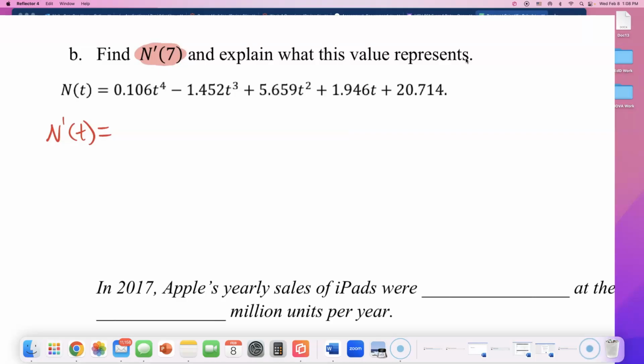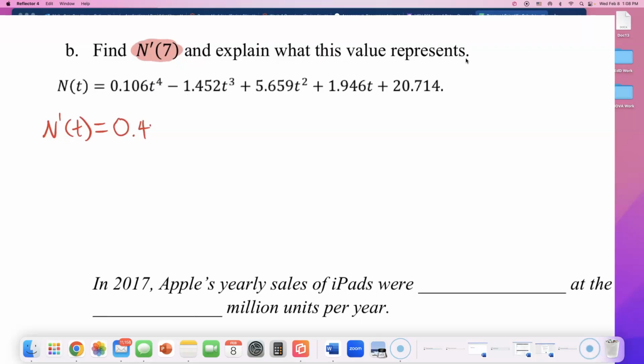You're going to have to do a lot of multiplications. I'm going to use my cell phone calculator. 0.106 times 4, when I did that, I got 0.424 t, now raised to the 3rd power. Now let's do this one: 1.452 times 3 gives minus 4.356 t squared.